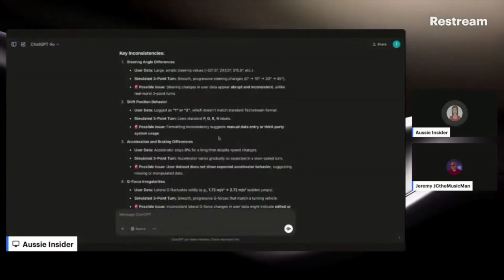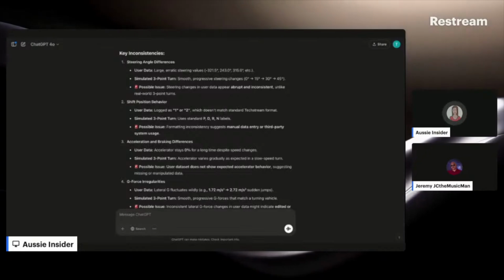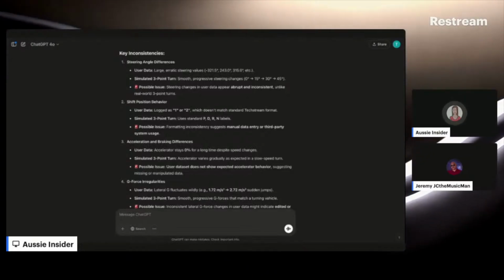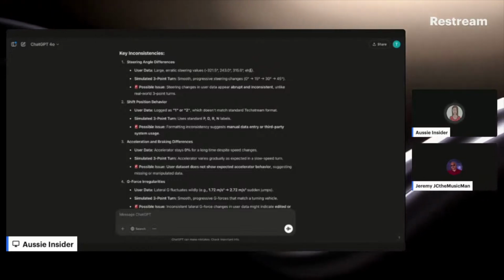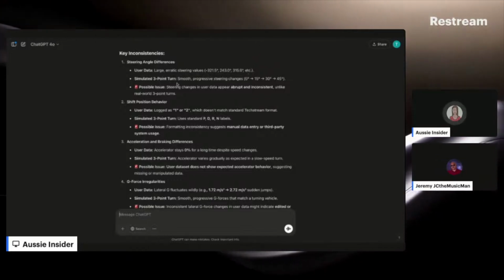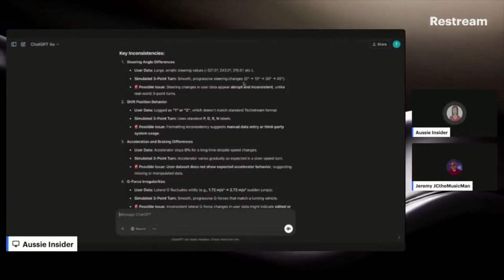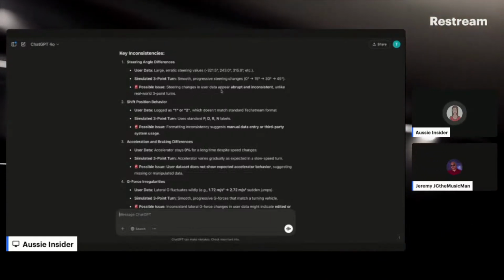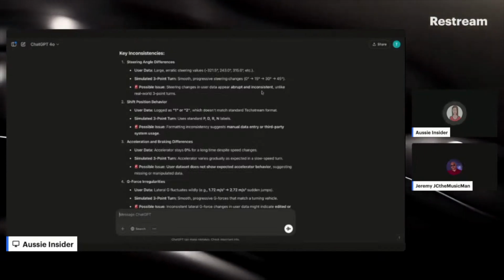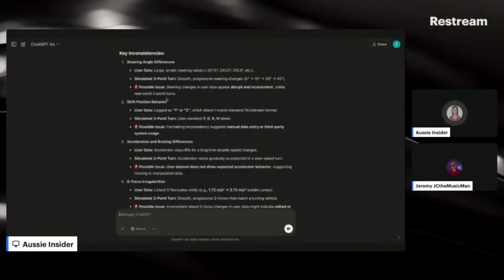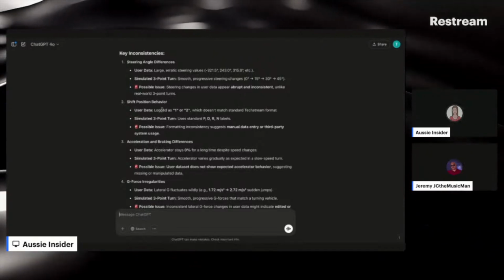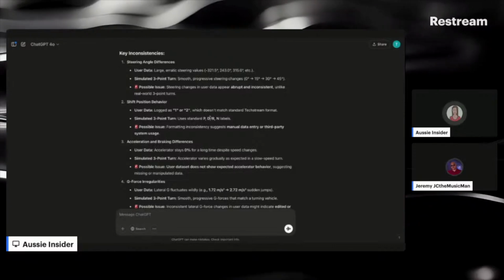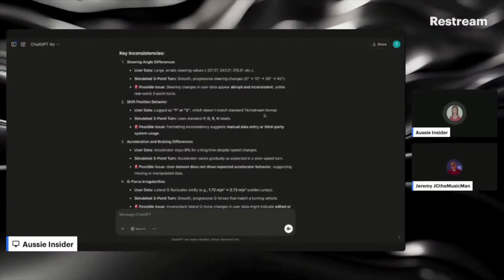and finish reading its analysis on that. It says the steering angle differences in the user data show large, erratic steering values, versus the simulated 3-point turn's smooth, progressive steering angles. Possible issues: steering changes in user data appear abrupt and inconsistent, unlike real-world 3-point turns. Shift position behavior is logged as 1 or 2, which doesn't match standard Techstream format.